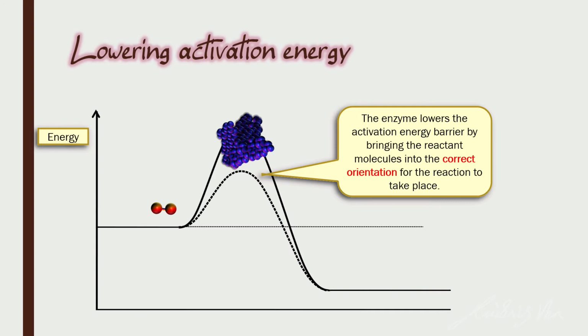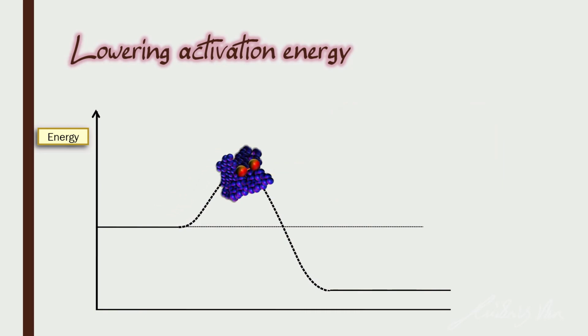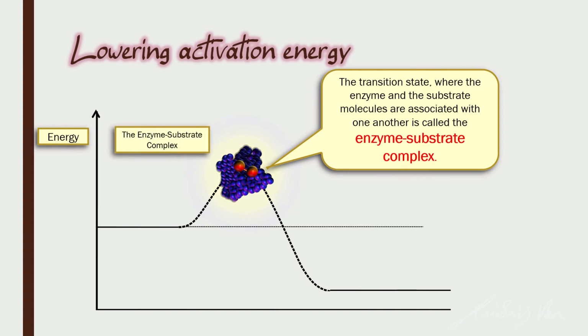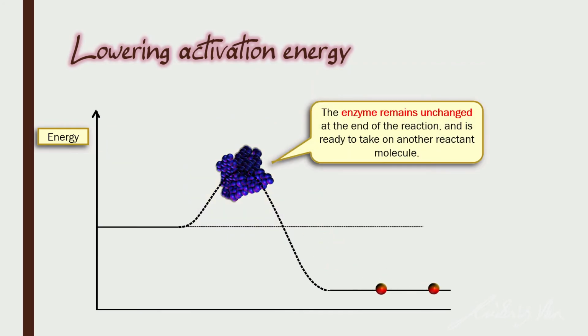The enzyme will lower the activation energy by bringing the reactant molecules into the correct orientation for the reaction to take place. So once the enzyme-substrate complex is formed, the reaction will take place. The enzyme remains chemically unchanged at the end of the reaction, ready to take in other reactant molecules.